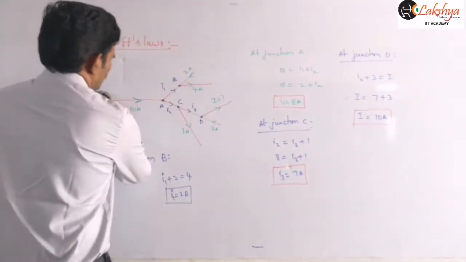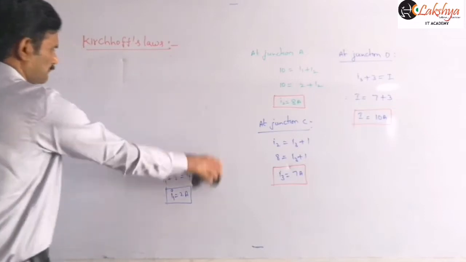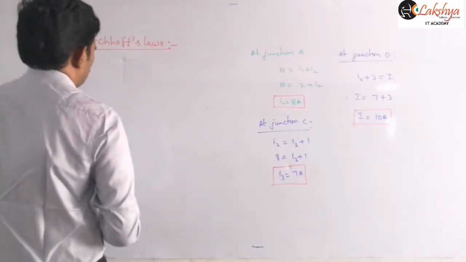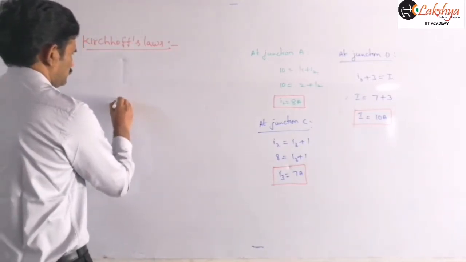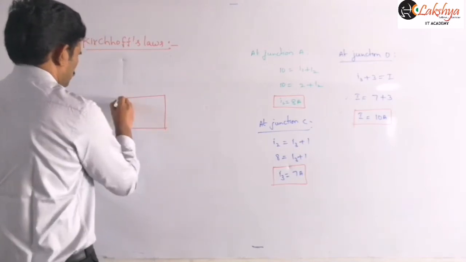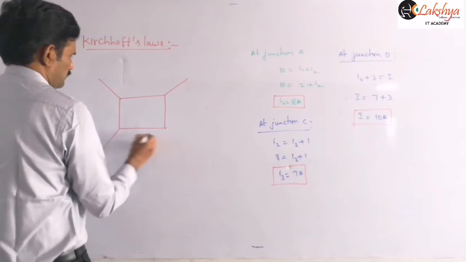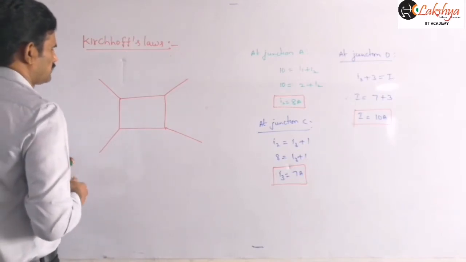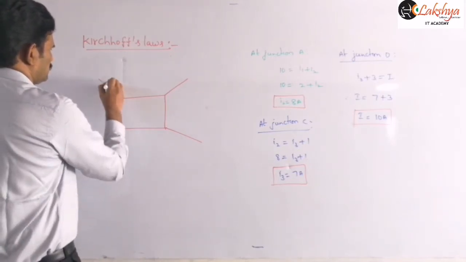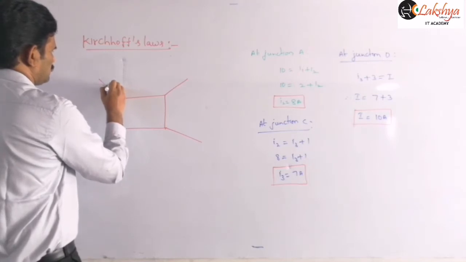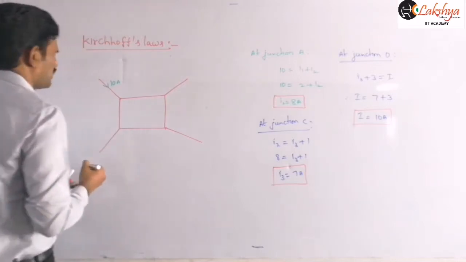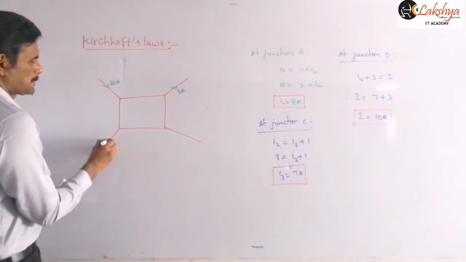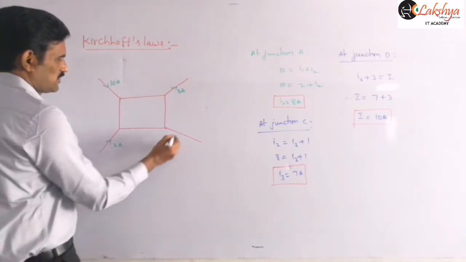Now let us take one more example. Let us take a circuit like this, where 10 amperes current is flowing here, 3 amperes is flowing here, and 2 amperes is flowing here.